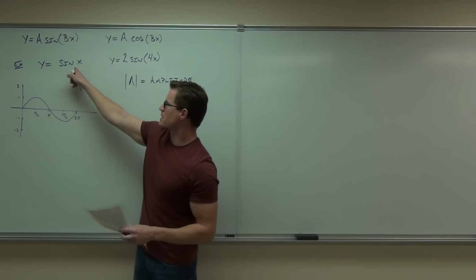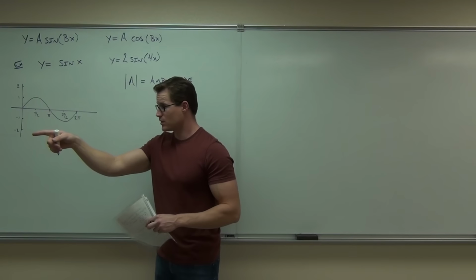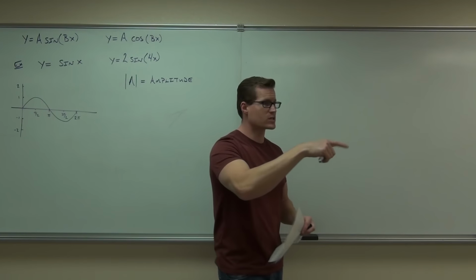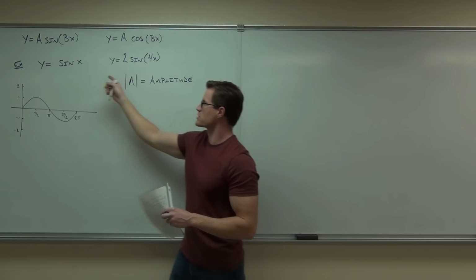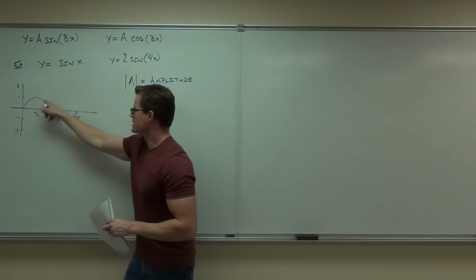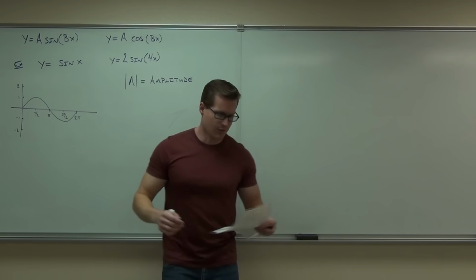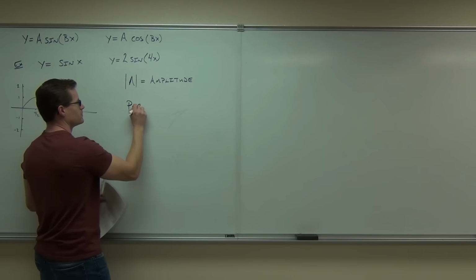What's our b in this case? Our b gives you the period. The b here is 4. What's the b here? 1. And we know that in our case, our period is actually 2 pi. So what we're going to get from our b is our period.